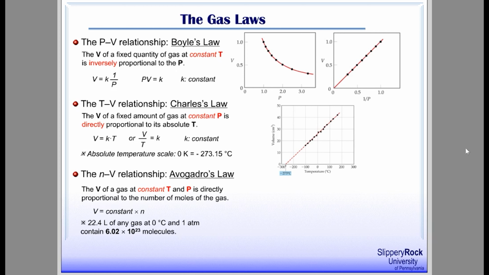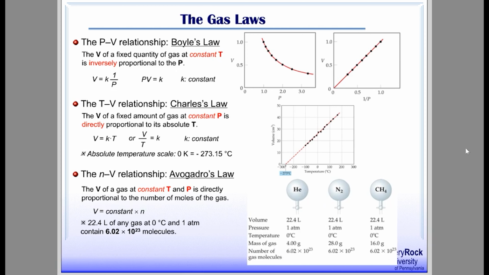The volume of 3 real gases, helium, nitrogen, and methane, are shown on the right under the condition of 0 Celsius and 1 atm. I will talk more about it in the next slide.